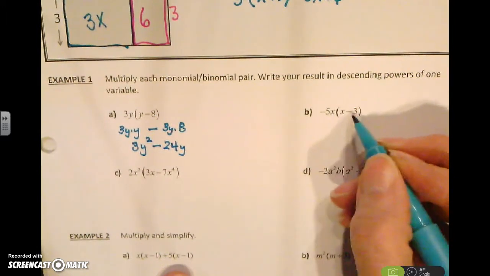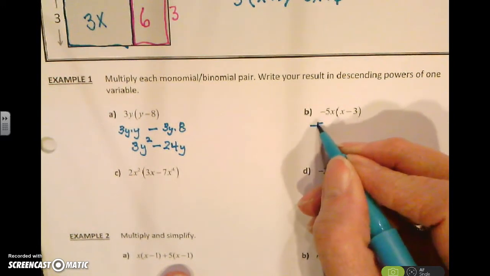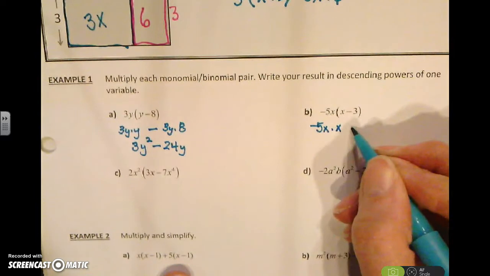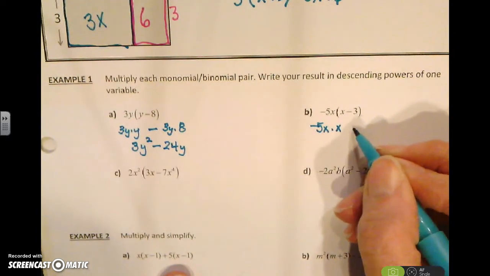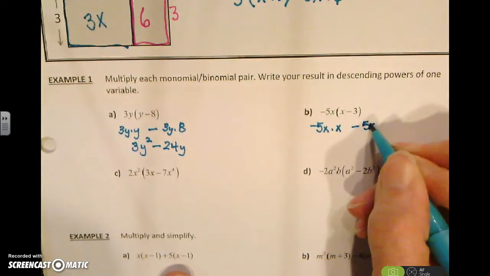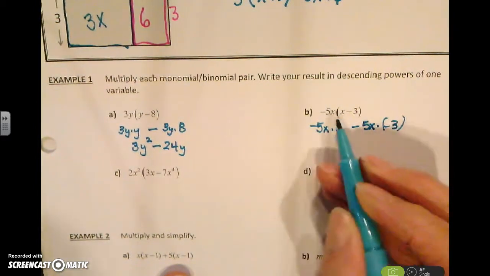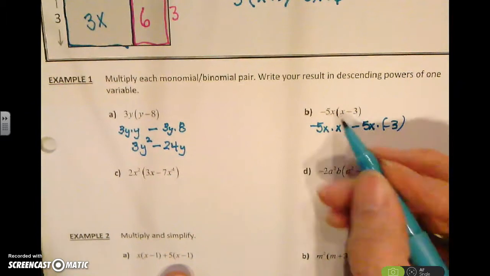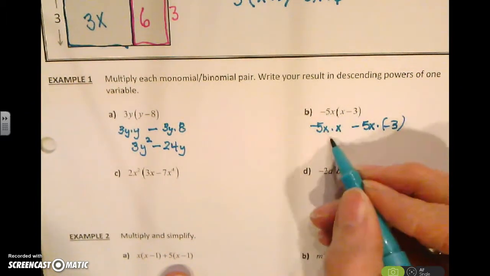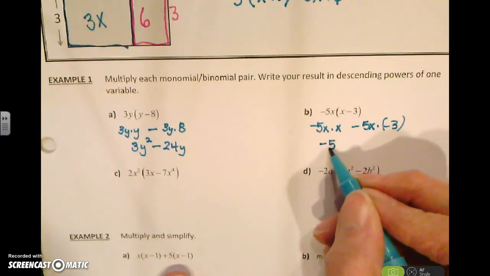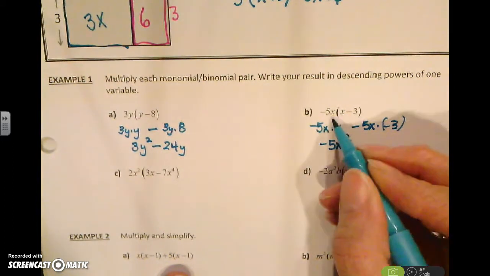When I distribute this next one on b, I have negative 5x times x. And then I have a negative 5x times a negative 3. So I have a negative times a negative on that. The first one, negative 5x times x, is going to give me a negative 5x to the second power.